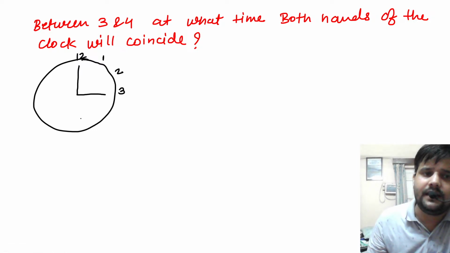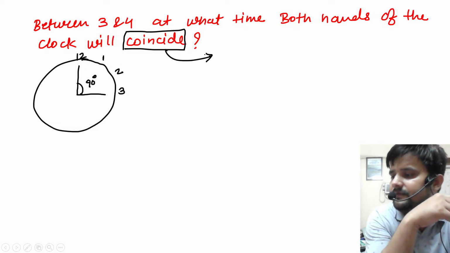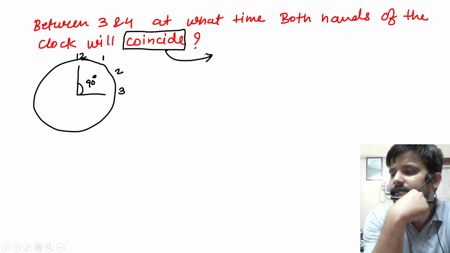Obviously it is 90 degree. Now the question is asking at what time they will coincide. First of all, just tell me what will be the angle when they will coincide.